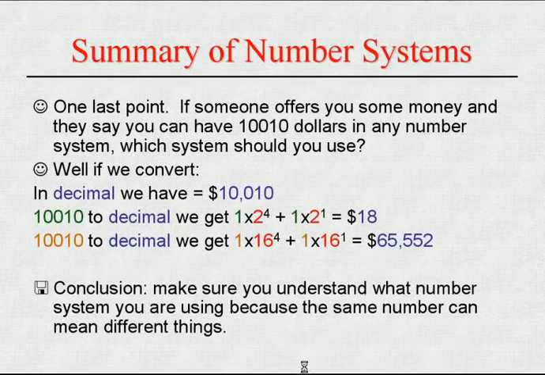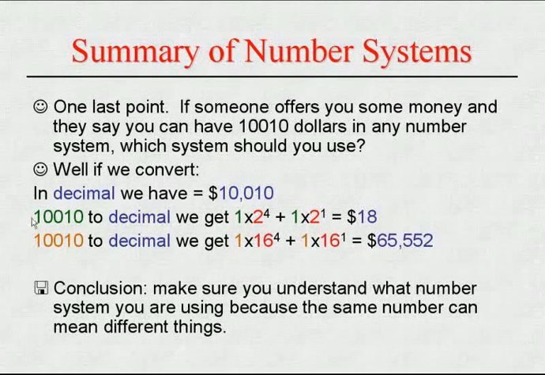So here's a summary of number systems. If someone offers you some money and they say that you can have $10010 in any number system that you would like to use, what would you prefer to use? In decimal, we know that 10010 would be $10,010. In binary, 10010, if we were to convert this to decimal, we would get $18.